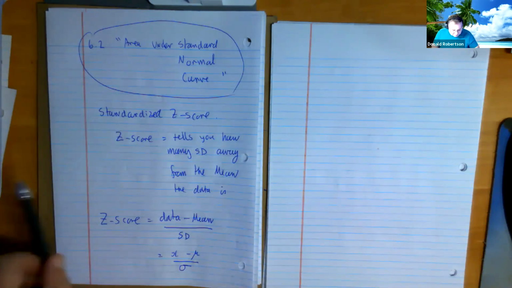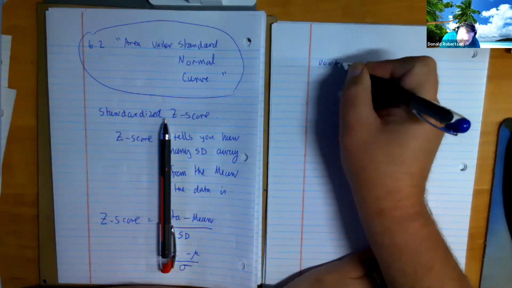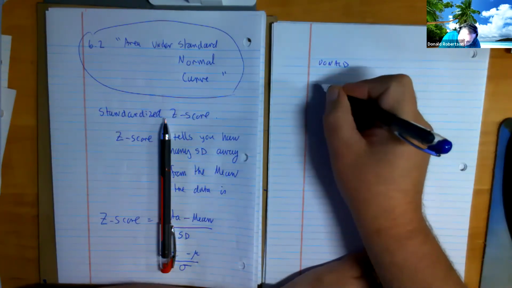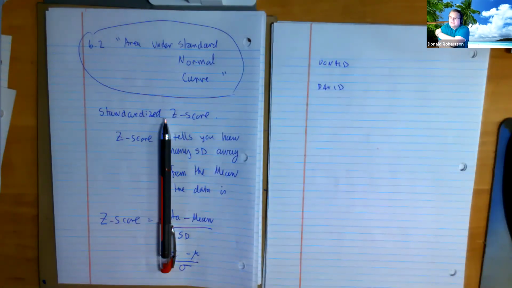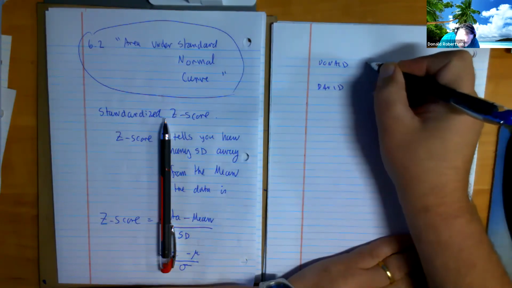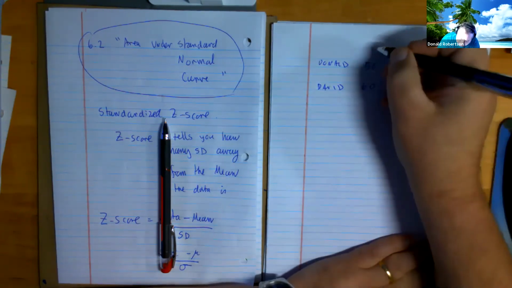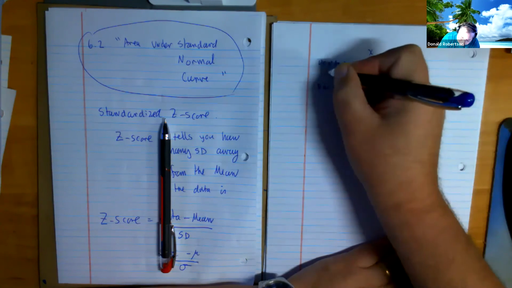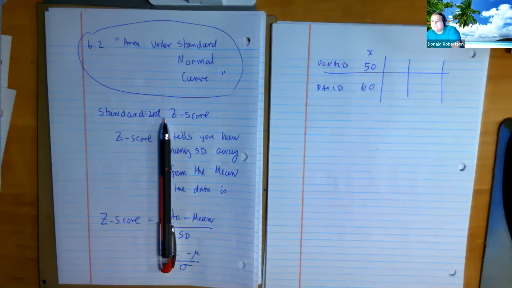So let's invent another present story, but we're going to make it a little bit more complicated. Donald, who is me, and David is one of my brothers. I got 50, and my brother David got 60. So that's our score. And we took a math exam, but we took it with different professors.